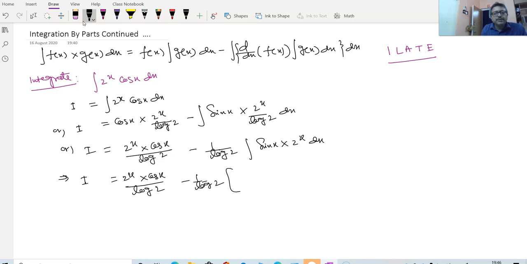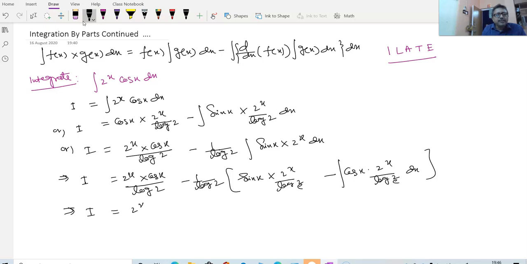Again apply by parts on it by taking sin x as first and 2 to the power x as second, minus cos x, log 2 base e. I am writing it just to remind you. In exam, if you don't write it, it doesn't matter, because when you don't mention any base, it will be assumed that the base is e automatically.